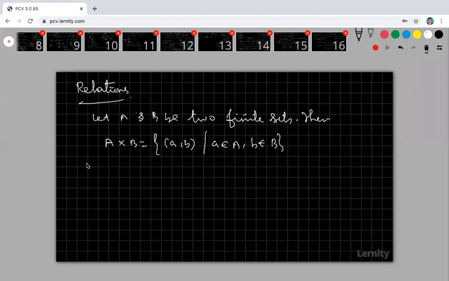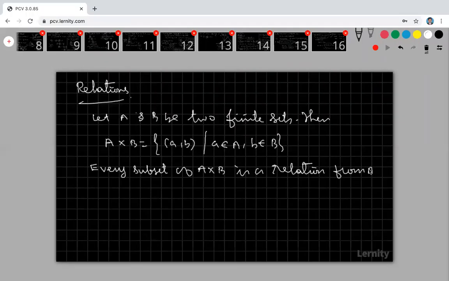So what does relation mean? Every subset of A cross B is a relation from A to B. So look at that, sir.